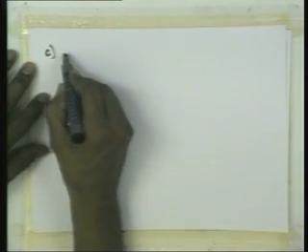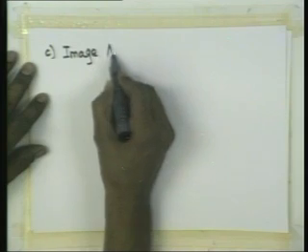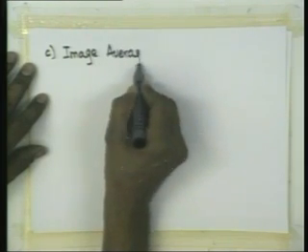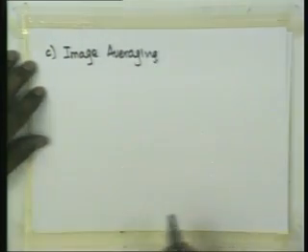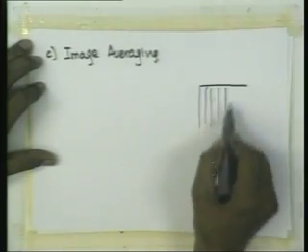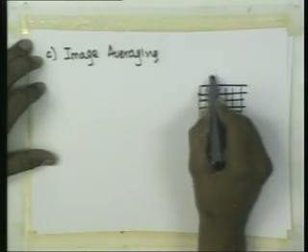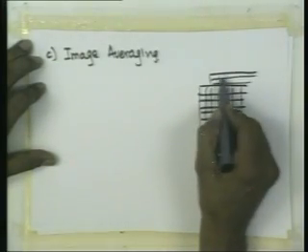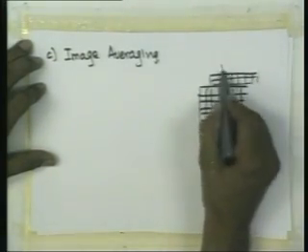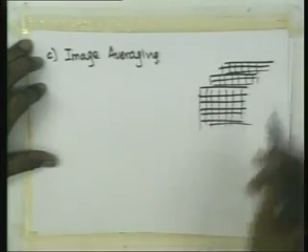One approach, so we are looking at noise reduction now, the smoothing process, is something called image averaging. Okay. Here what we are talking about is that we have one image with all the intensities, then I have another image of the same scene, and another image of the same scene, I am just putting them one behind the other.